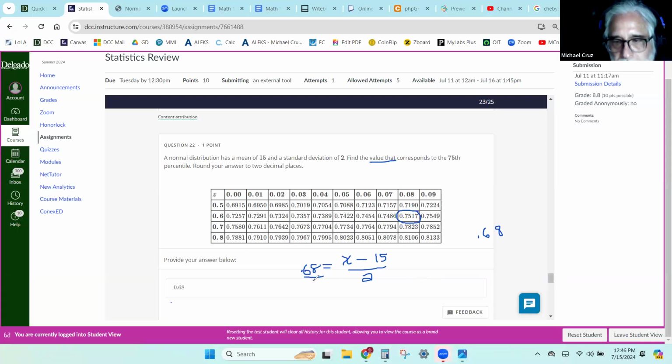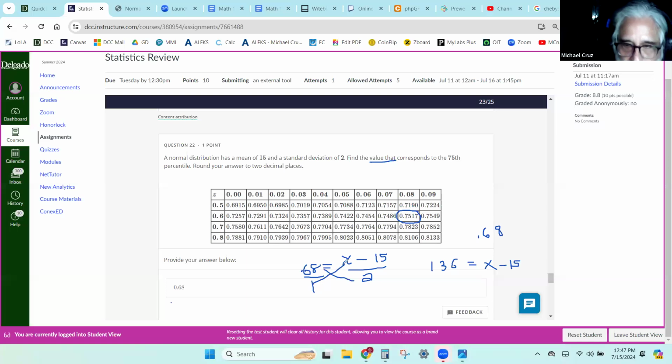So again, this is probably the best way to do it. So 68 times 2. So that's 136 is equal to x minus 15.